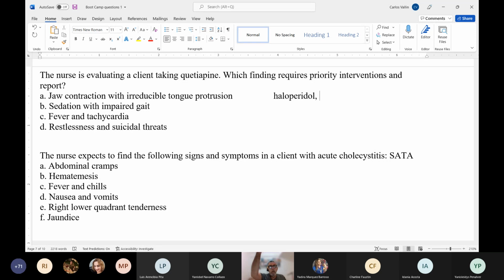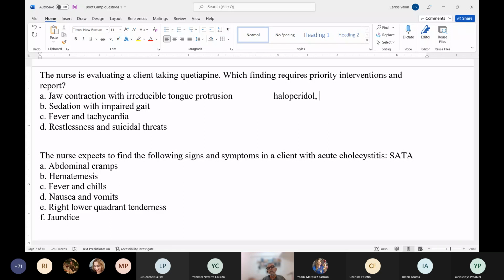It is the old antipsychotic medication, the one that can produce more adverse effects, EPS, neuroleptic malignant syndrome, etc.